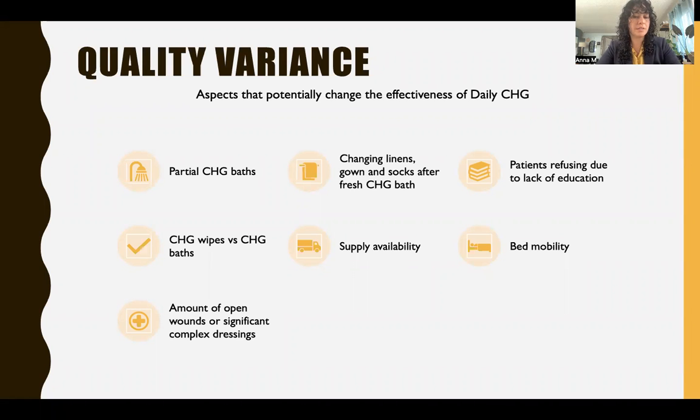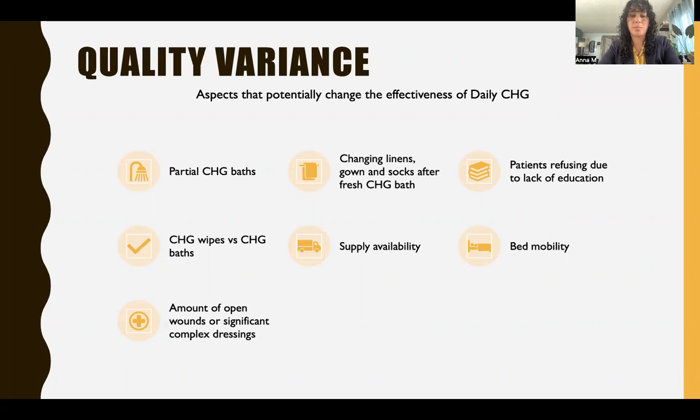The quality variance includes aspects that potentially change the effectiveness of daily CHGs. So out of this entire care bundle, daily CHGs, I tend to see varying aspects within practice.